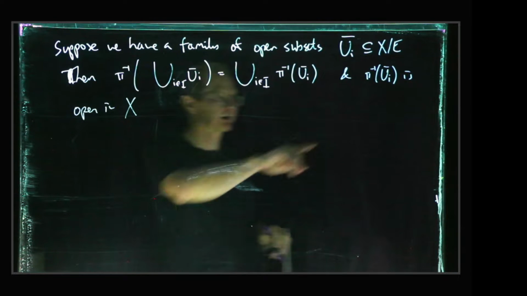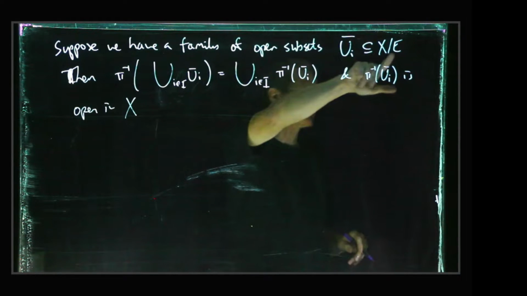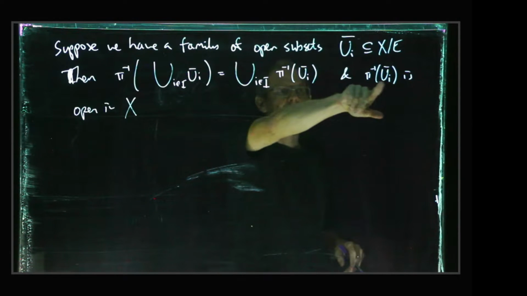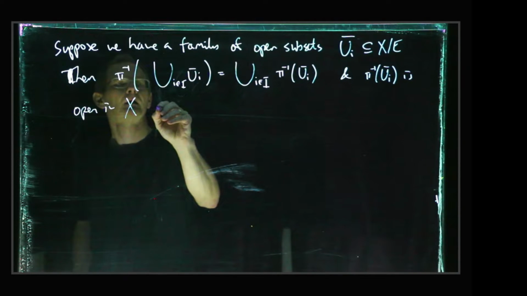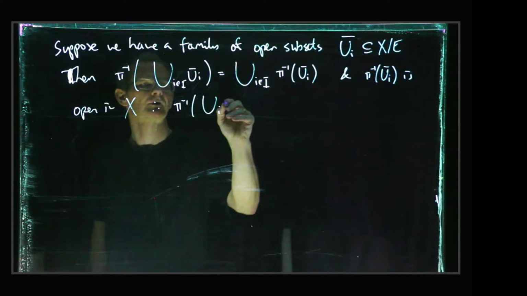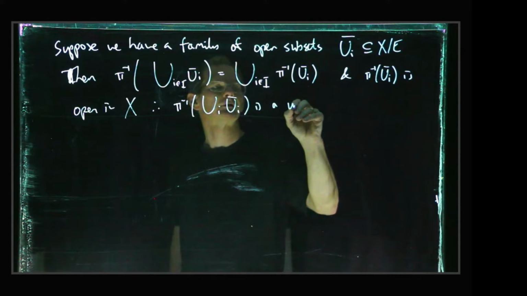And remember, each U_i bar is said to be open with respect to this quotient topology, and by definition that just means that the pre-image pi inverse of U_i bar is open in X. So that means that pi inverse of the union of the U_i bars is a union of open sets.